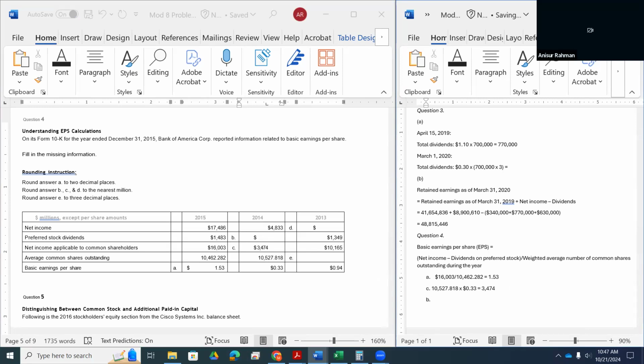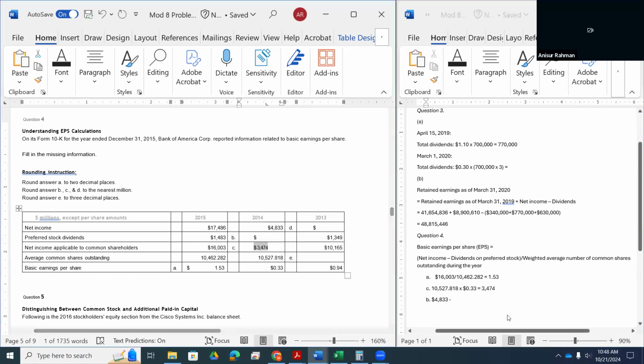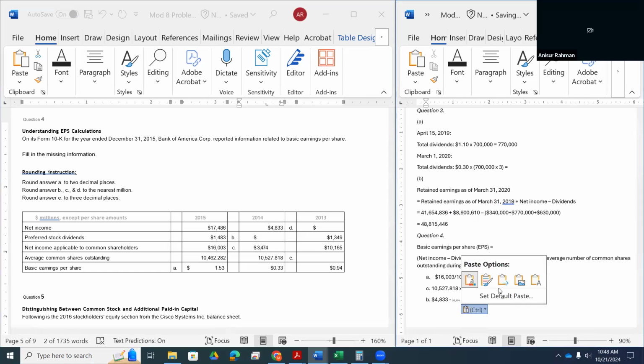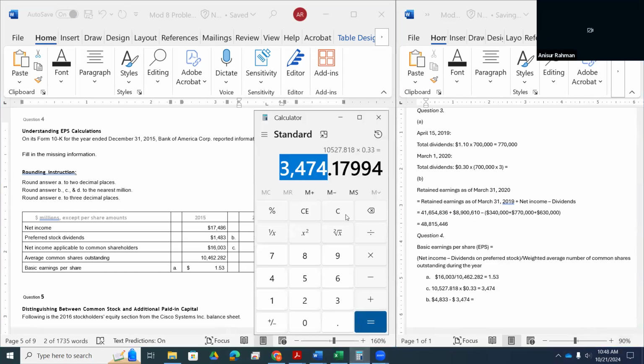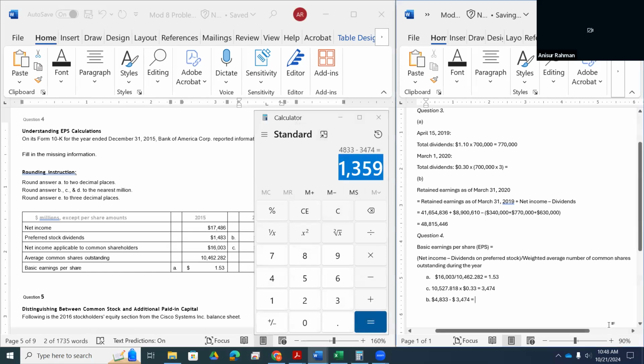So our B will be, subtract what we just calculated, $1,359.